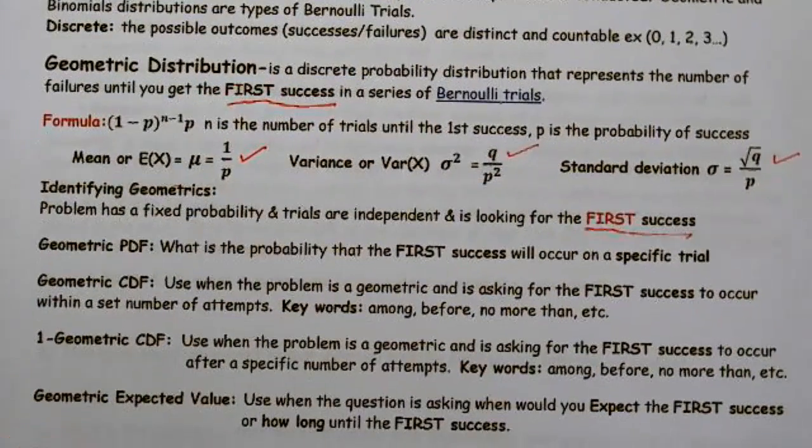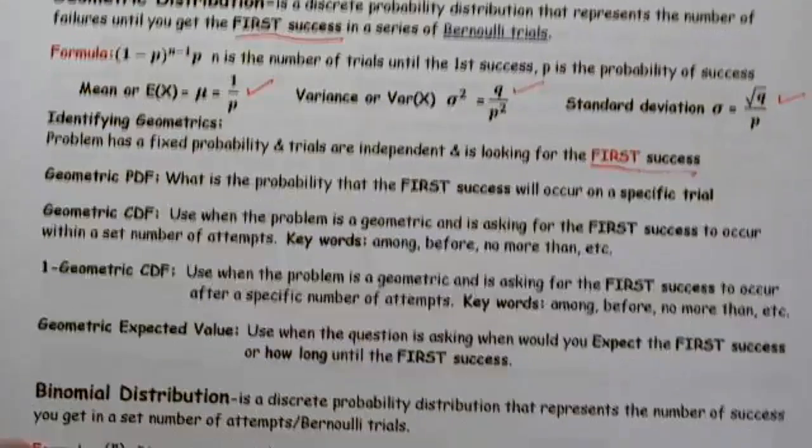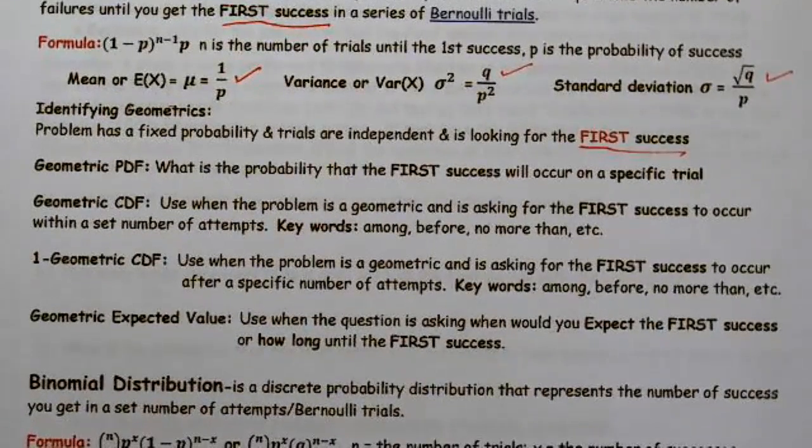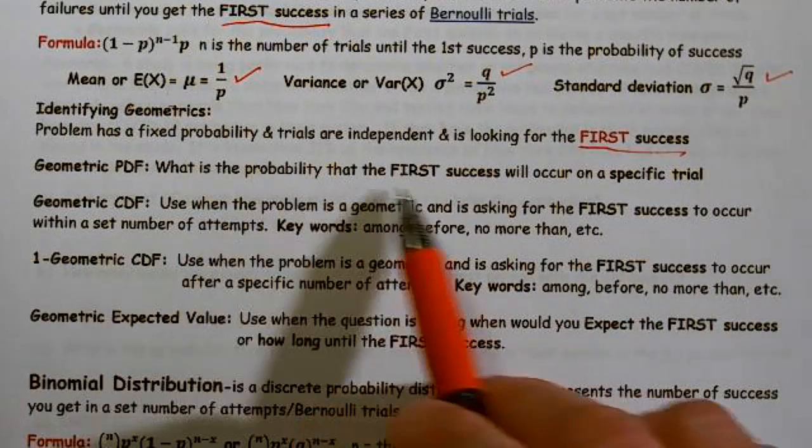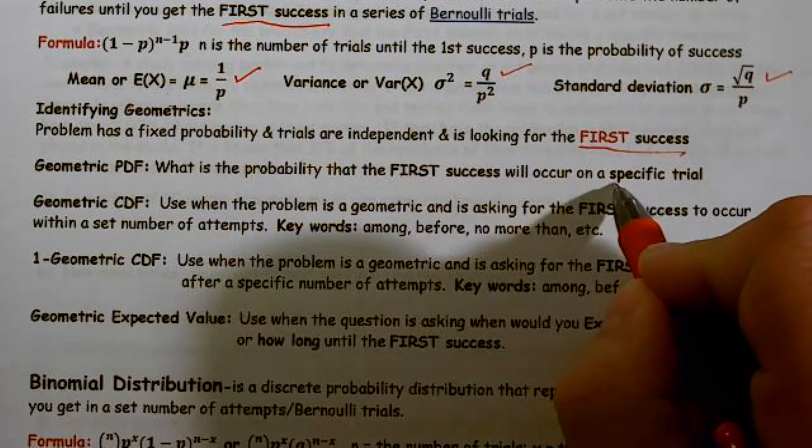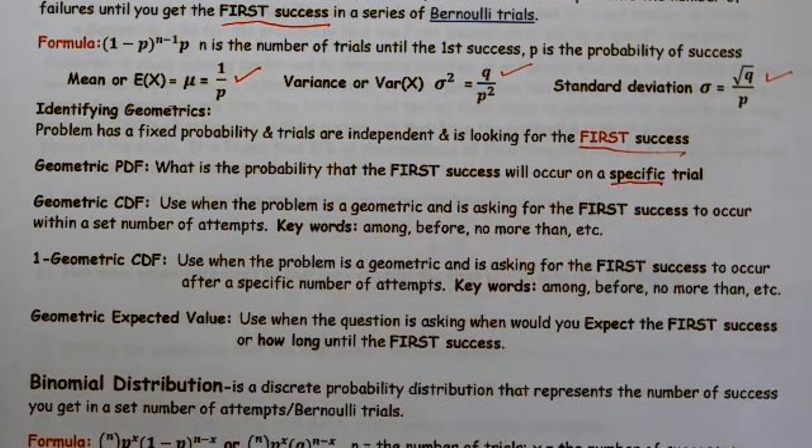So the key word is first. Now, determining whether something is a PDF or a CDF is usually a little bit of an issue for people. The probability that the first success will be on a specific trial tells me it's a PDF. It has to occur exactly on the third person or exactly on the seventh thing.